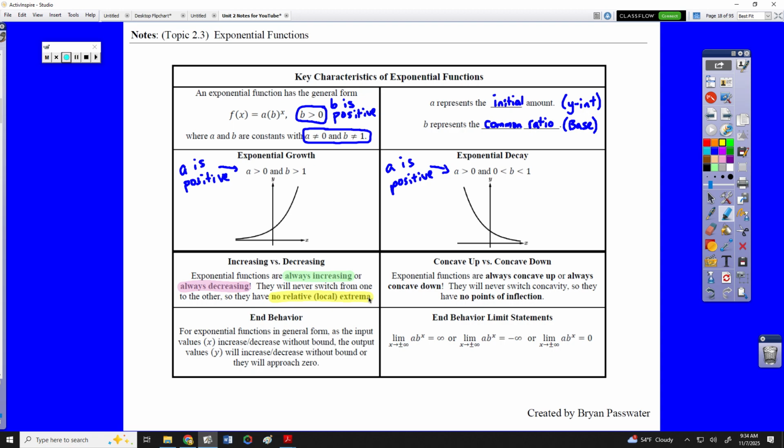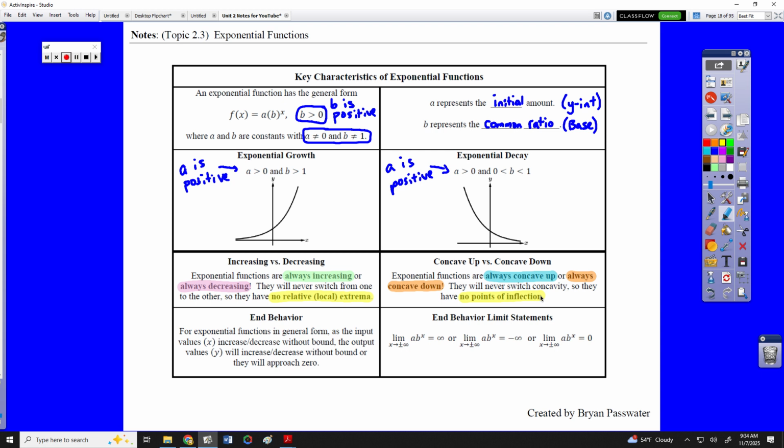There are no local maxes or local mins, because the function never switches from increasing to decreasing, and it never switches from decreasing to increasing. Same thing for concave up and concave down. Every exponential function is either always concave up or it is always concave down. As a result, there are no switches in concavity, which means there are no inflection points.